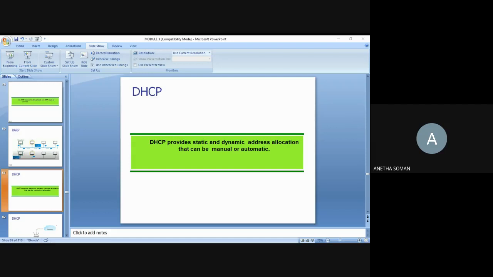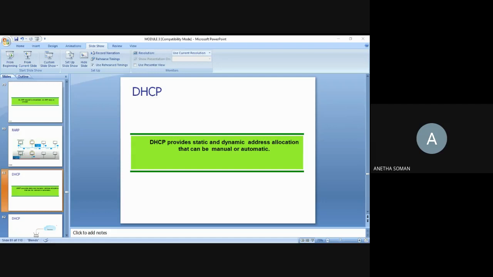So instead of configuring it manually, the network administrator will configure one special host that provides a service. It provides the IP address in a leased manner.